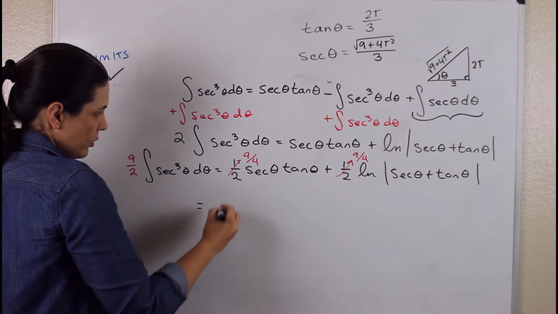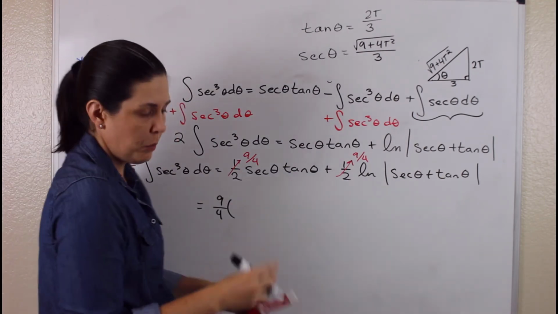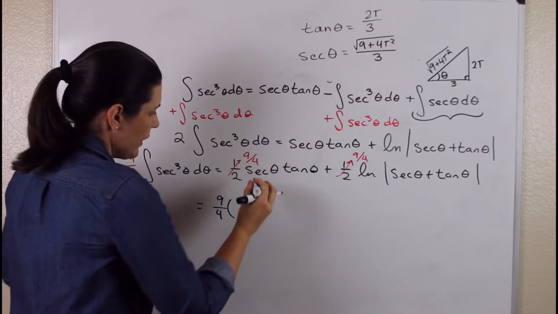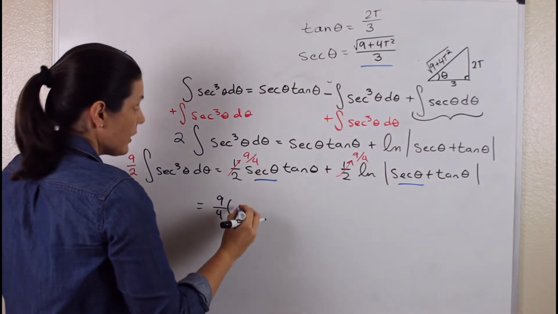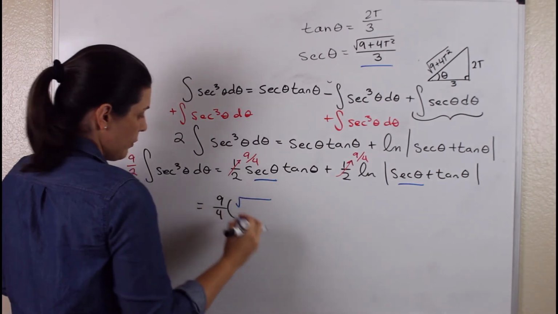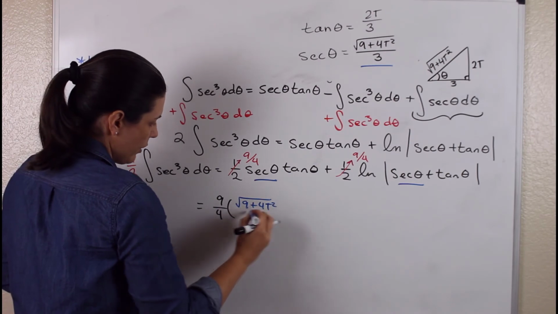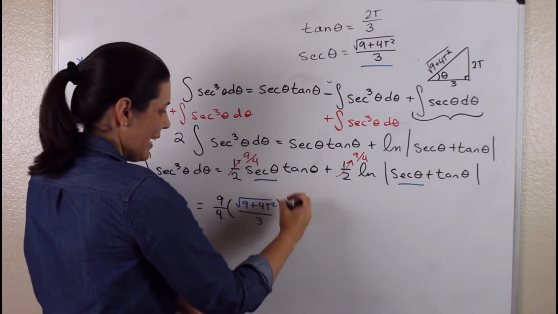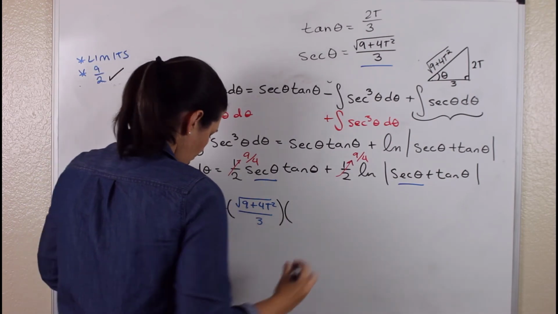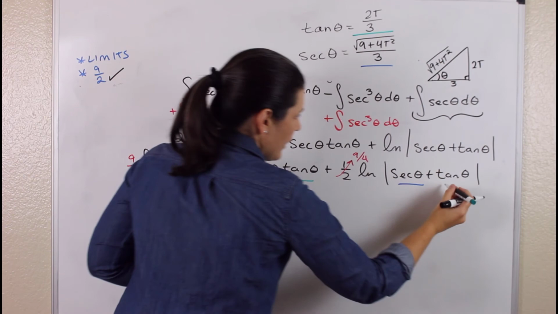So this equals 9/4 times, okay, I'm starting to plug in now. I'm plugging in for secant theta, which is this. So that's going to equal, times, the square root of 9 plus 4t squared over 3, times tangent of theta, which was here. So we're going to plug that in here and here.